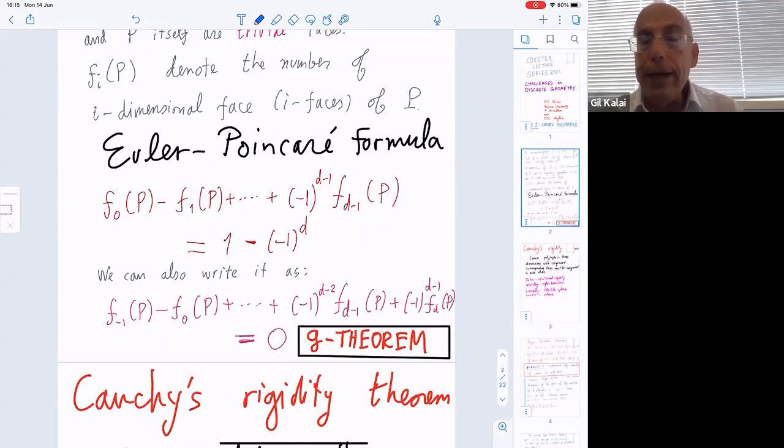We can also add the trivial faces to this sum and start with the empty face. In this case, the alternating sum is always equal to 0.